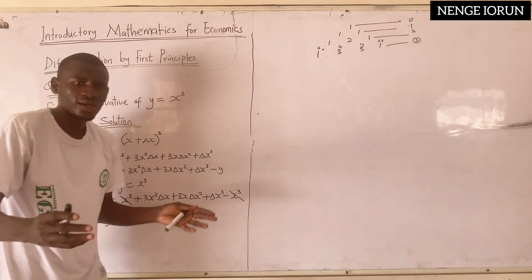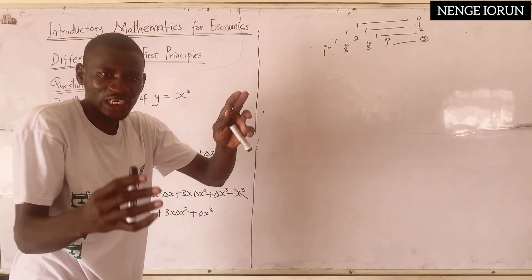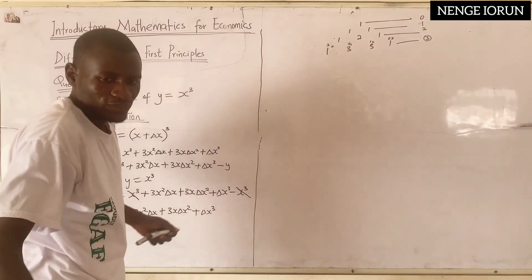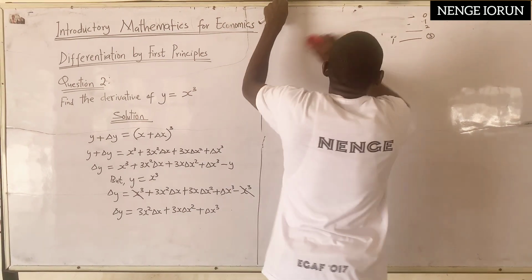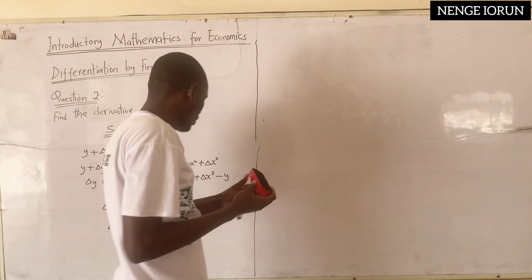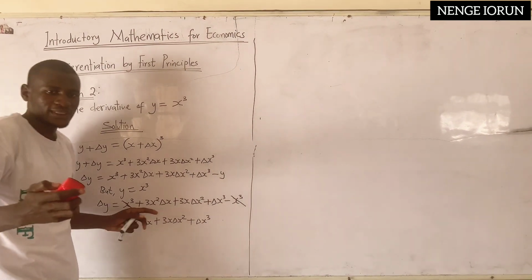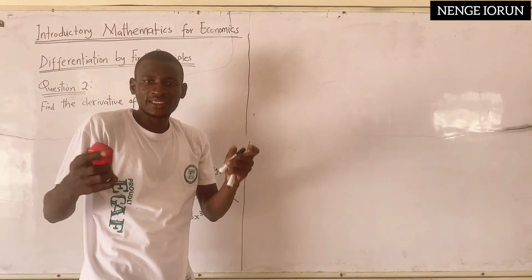As usual, we want to get delta y with respect to delta x so that we take the limit. So now, you have delta y over delta x. You want to divide both sides by delta x.